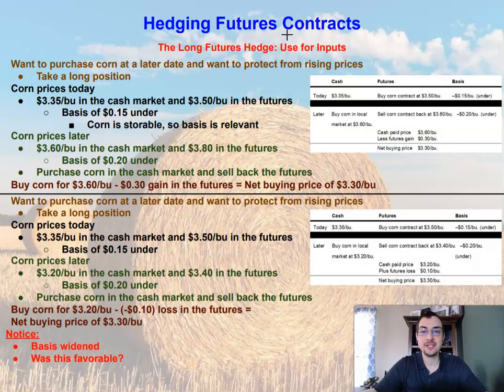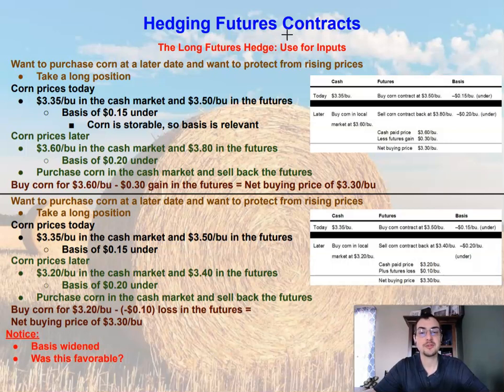So let's first look at the cash market. What happened? Prices went up, in this example by 25 cents. We're buying these products, so we don't really want the cash price going up, but it did. So we're now paying 25 cents more for corn in the cash market. But what happened in the futures market?